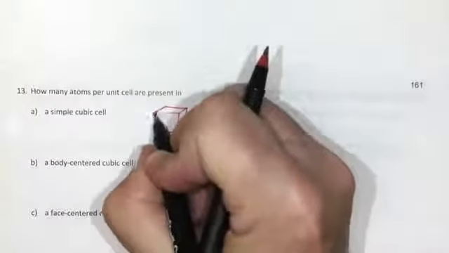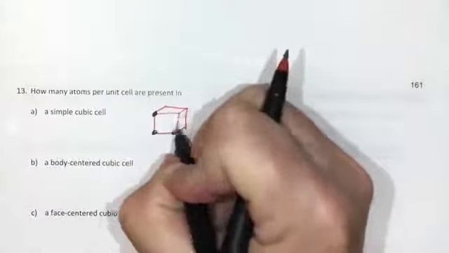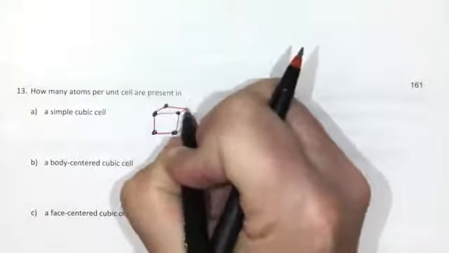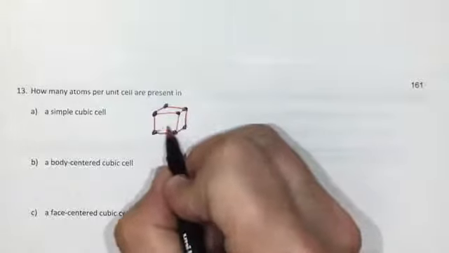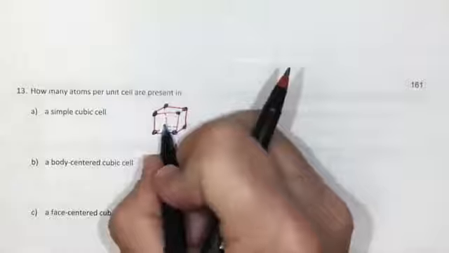In a simple cubic cell, I have an atom at each corner of a cube. So this represents a simple cubic unit cell. If I want to see this one in back, I'll draw the dashed lines. This is behind the plane of the paper, and that one's in back. This is a simple cubic unit cell.